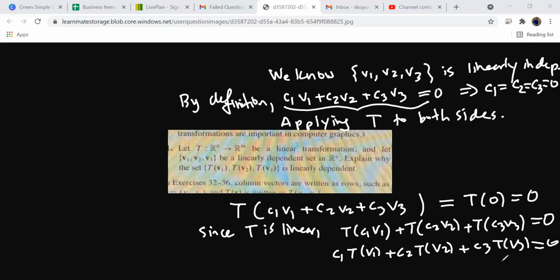But from my assumption, from what's given, I know that all c's are 0. So this implies that c1, c2, c3 are 0, right? If you have a combination that is 0, and this combination can only be 0 whenever all the c's are 0, then that means your vectors are linearly independent, and those vectors are T(v1), T(v2), T(v3).